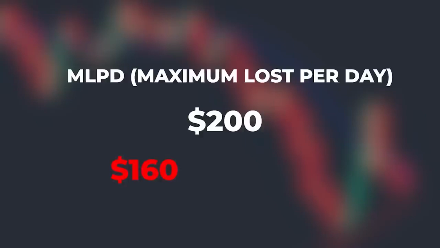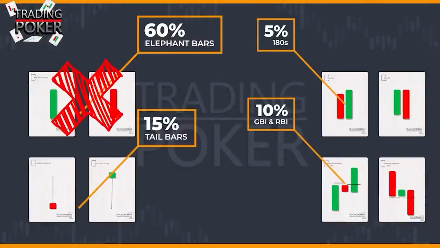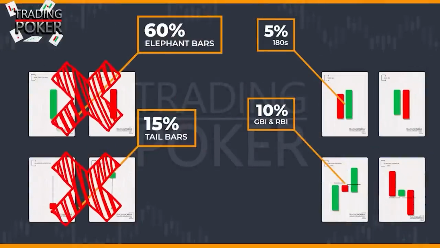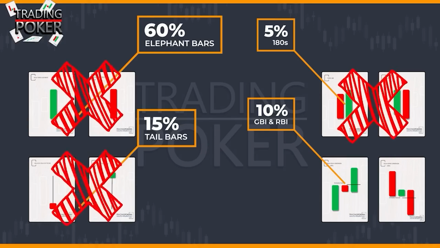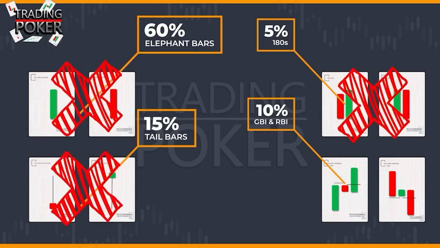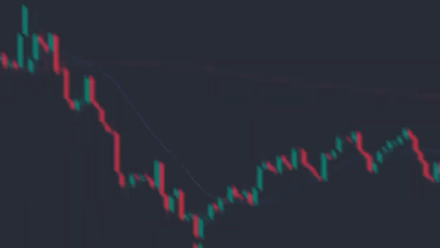So you're down 160, you've got $40 left to play with on the loss side before you're shut down for the entire day. You should not be focused on elephant bar plays or tail bar plays or 180s. You now have to become an RBI, GBI player.